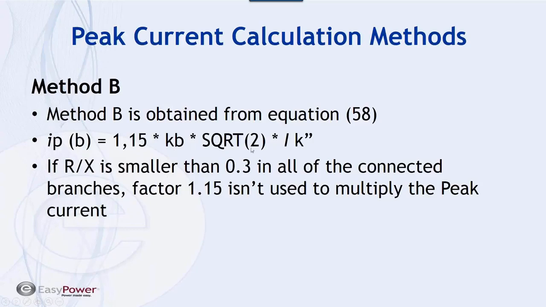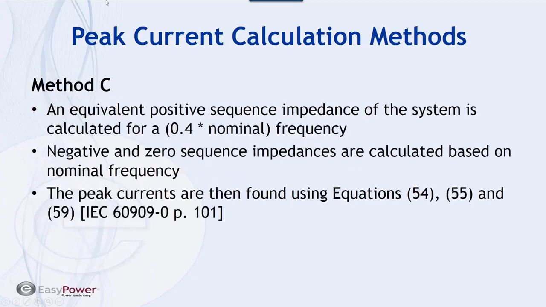The initial current is sitting here. A square root of 2 is something we always do to get the peak value. KB and 1.15, at least in my experience, are new things IEC introduces. But it's just a copy of the formula. I don't want to talk more about how IEC has developed these formulas.